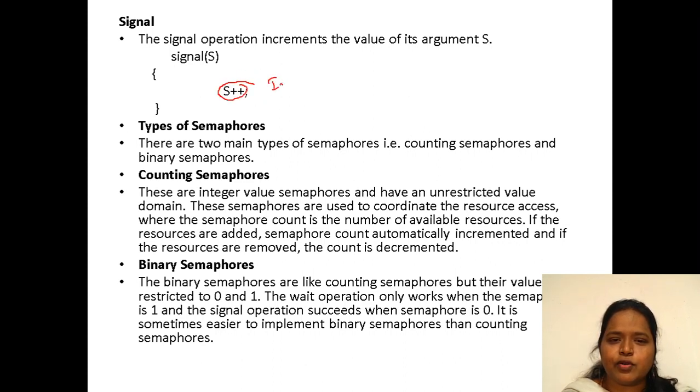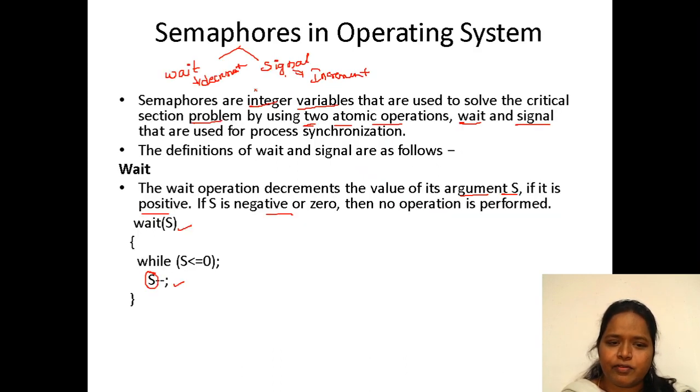So we increment in signal and decrement in wait. By making use of these two operations, wait and signal, we achieve a solution to the critical section problem.